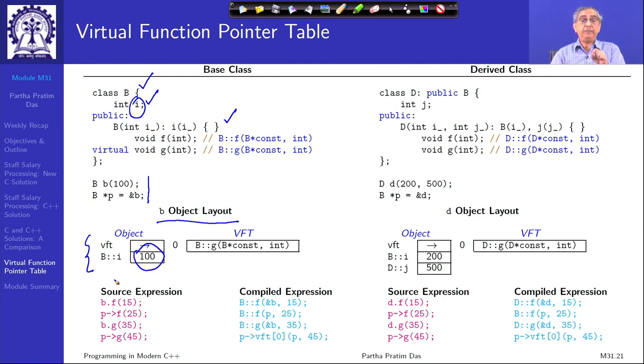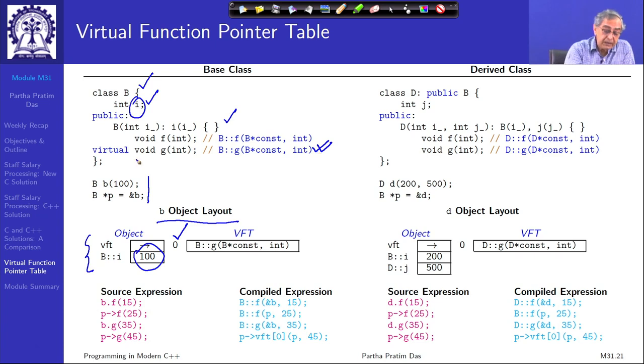What does that table keep? The table keeps a function pointer, which is basically an address. So, it is a linear table, one dimensional. Since I have only one virtual function, there is only one entry at index 0. What is that function? That function is the only virtual function that I have defined here, which is g.